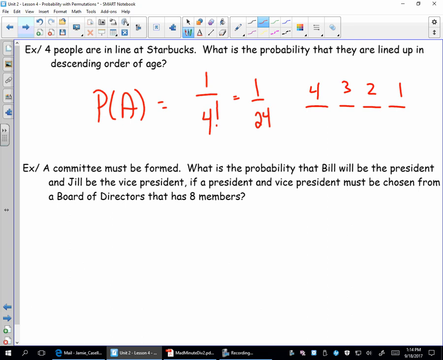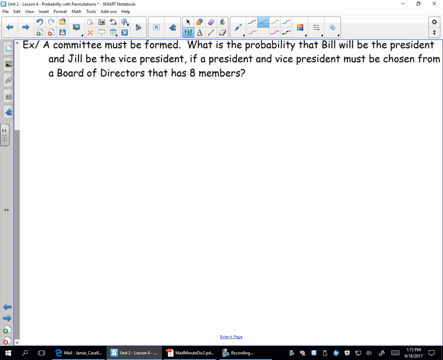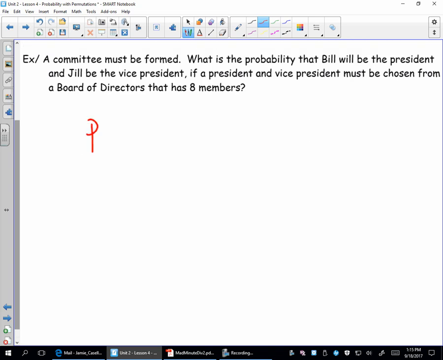Try the next one. Committee must be formed. What is the probability that Bill will be the president and Jill be the vice president? If the president and vice president must be chosen from a board of directors that has 8 different members. So what do we need here? Probability. I need Bill to be the president and Jill to be the vice president. Well, there's only one way it can happen. Bill has to be the president and Jill has to be the VP.